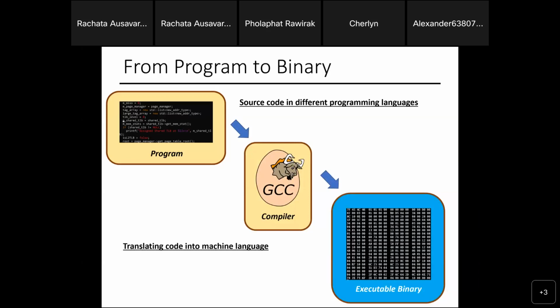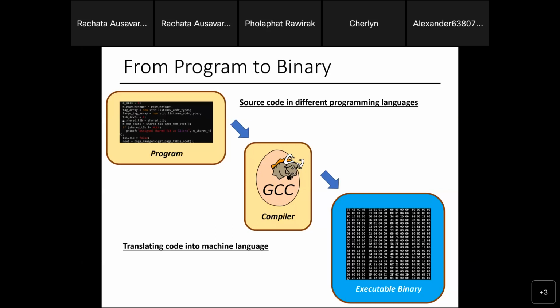So think of it this way. Again, this room, we all speak different languages. Let's assume the computer talks in English. The compiler, think of it as a translator that would translate that language into English. Now the computer then understands and can follow your command, right?